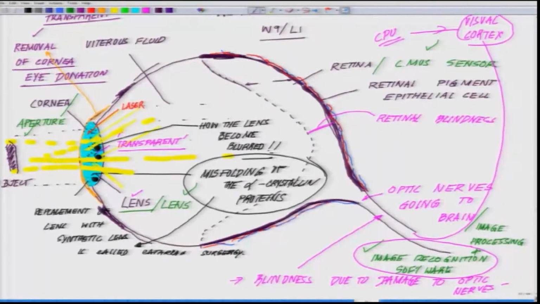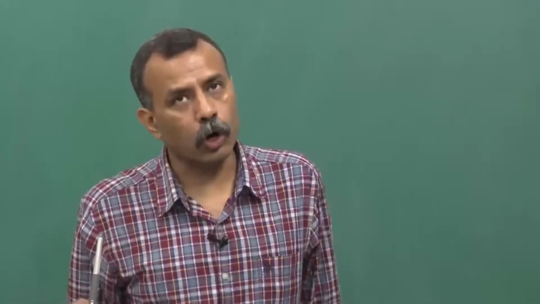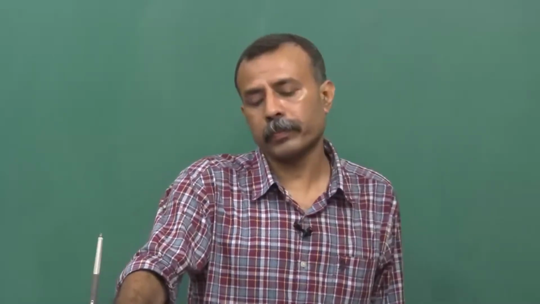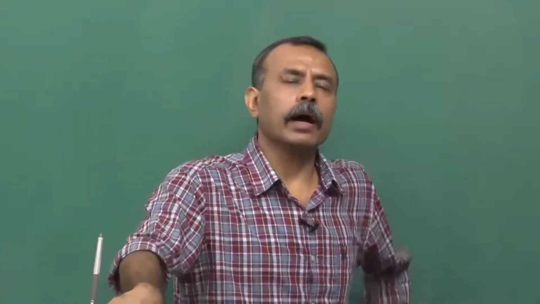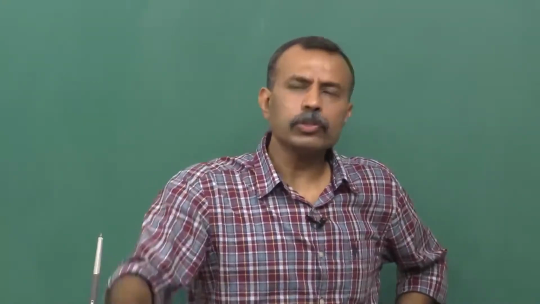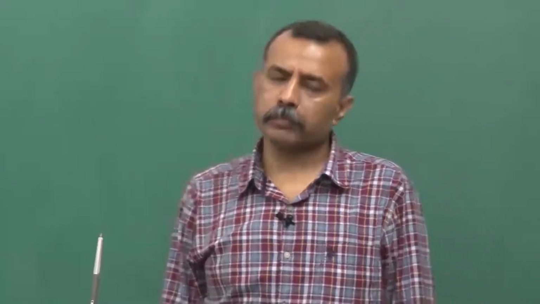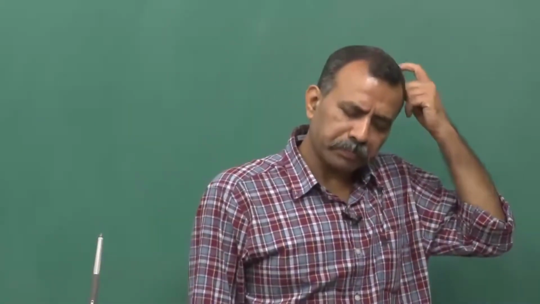Well, if the CPU gets damaged, I do not know what our options are, how we really can get around it. And to the best of my understanding, still no one is daring to hit on that problem. But for the retinal and for the optic nerves, there are possibilities. So, as I told you, most of the Indian population suffers from cataract or corneal blindness.